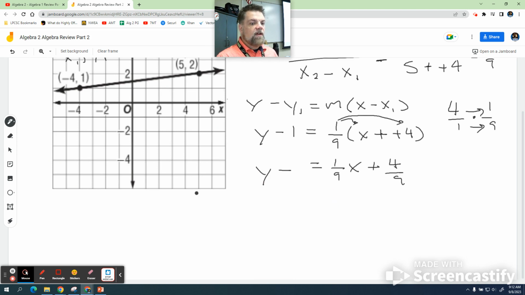What's another way to write 1? If I wanted 1 over 1 to equal something over 9, yeah, 9 over 9, right? 9 divided by 9 is 1, right? So I'm going to say 9 over 9. Okay? I'm going to add 9 over 9 to both sides.